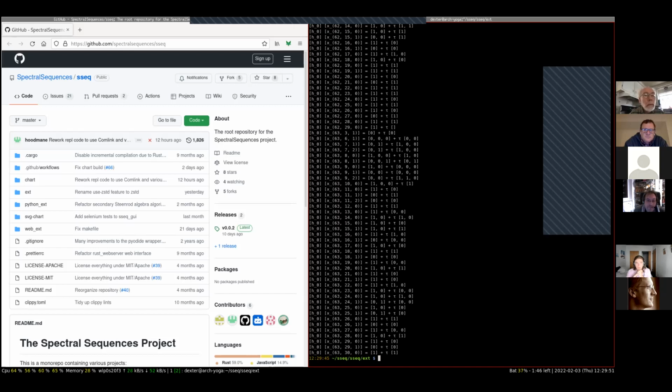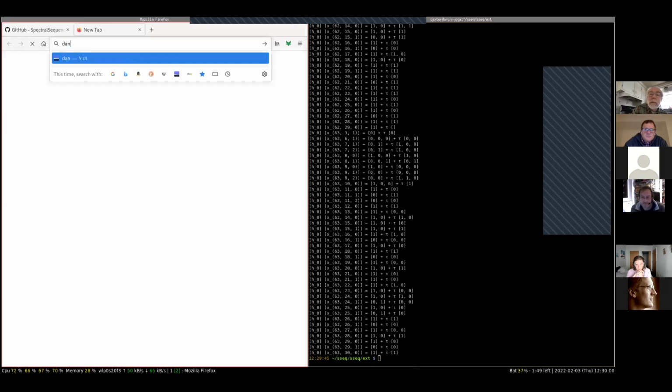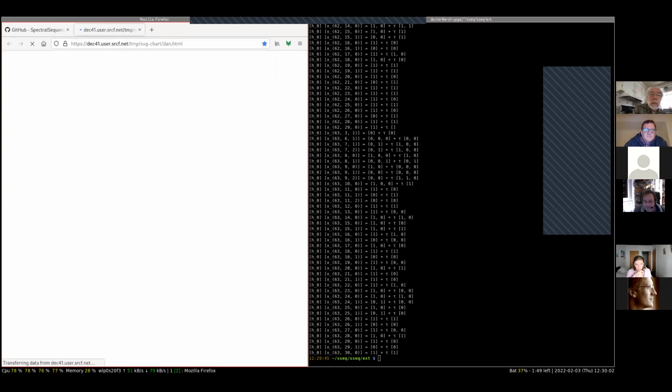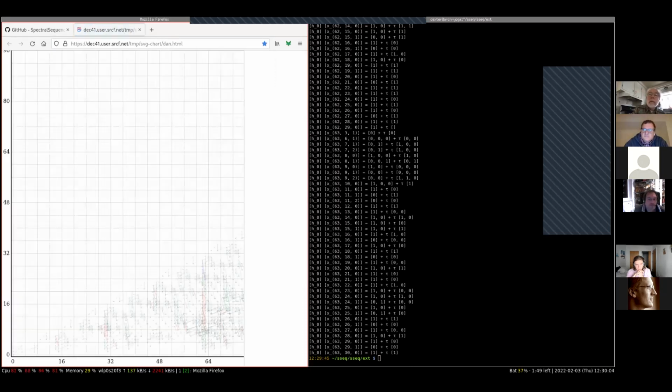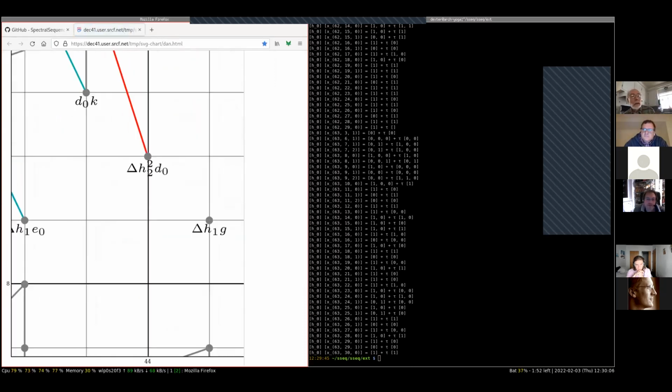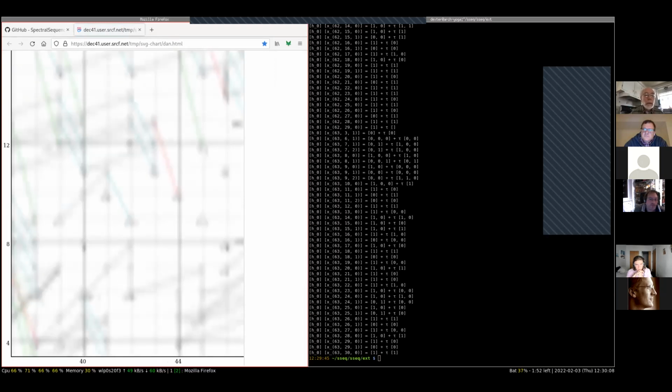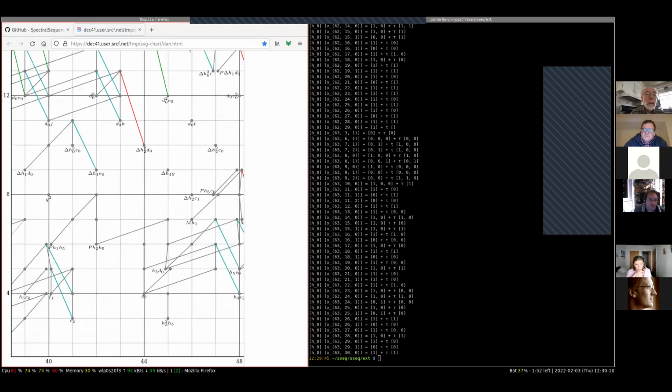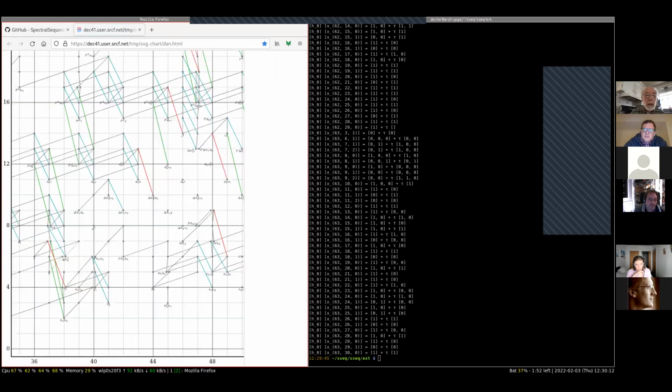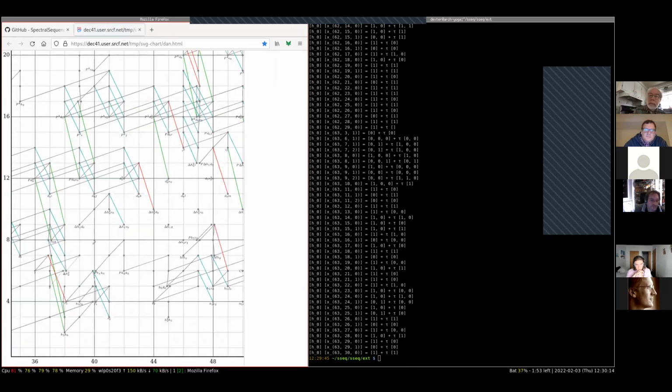Yeah. So does that include the sort of complicated H0 extension in the 45 stem? So there's this class H0, H4, let's see, 45 cubed, which Dan can... Which one is it? So in the 45 stem, from filtration 4 to filtration 6, we sometimes draw a hidden 2 extension.